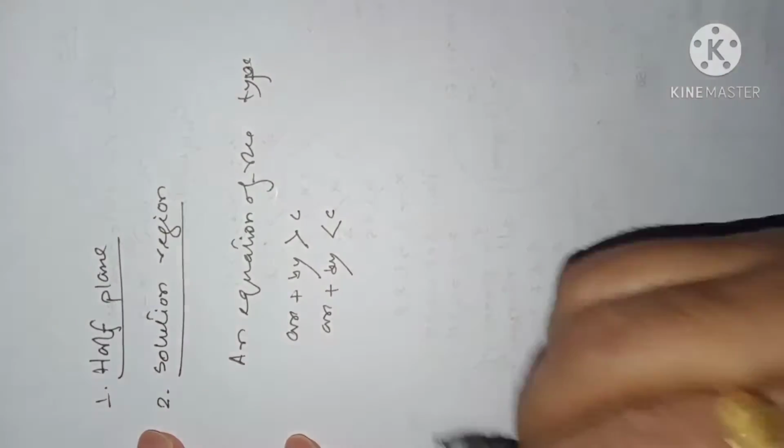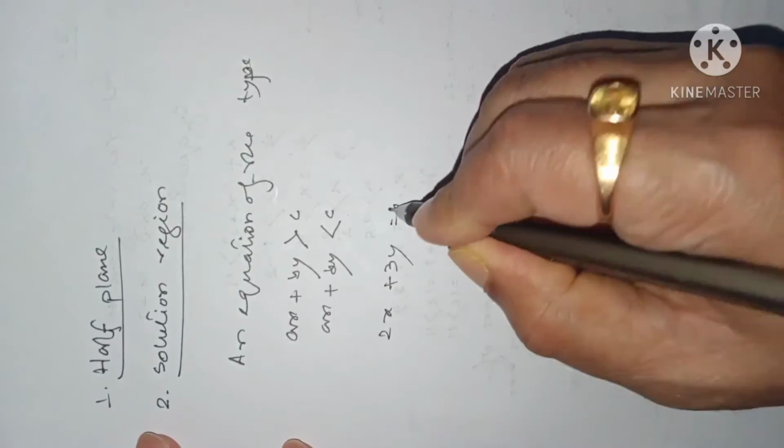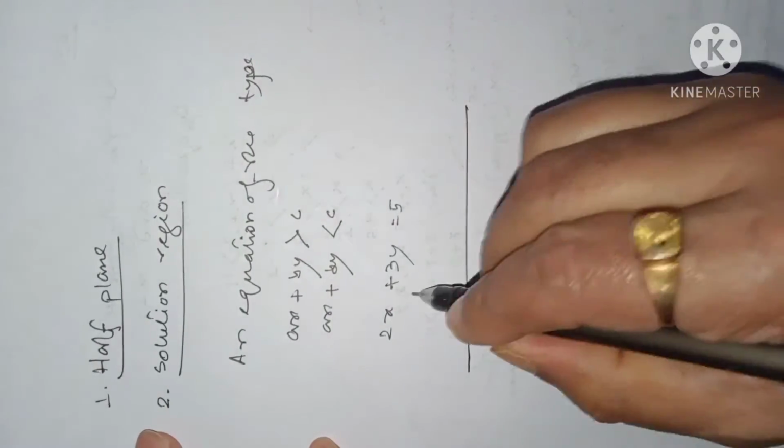So here you see, suppose we have the equation 2x plus 3y equal to 5. We know that it represents a straight line.